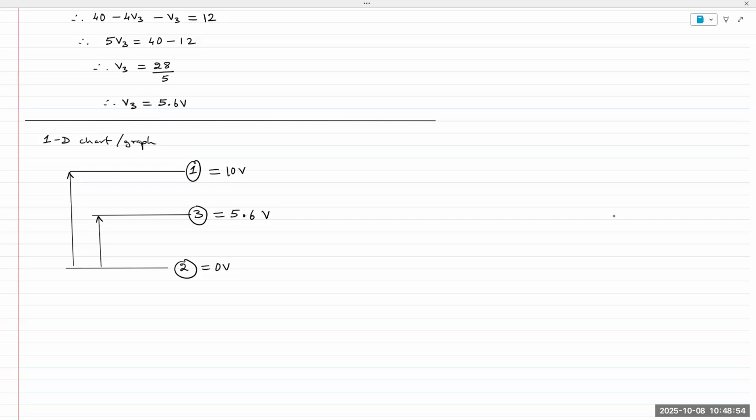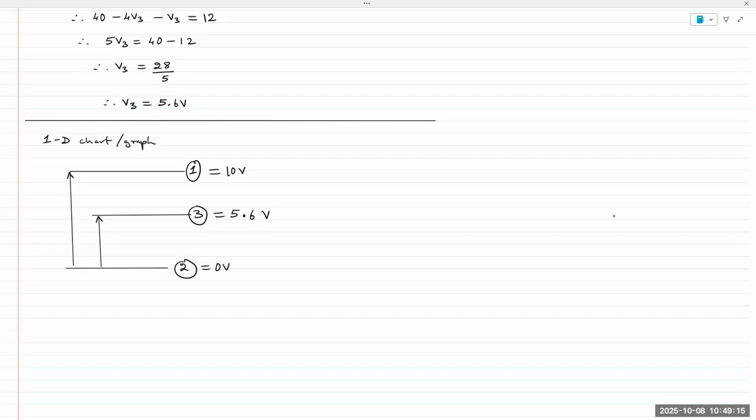So between 1 and 2, the distance is 10 volts. It remains 10 volts. Between 3 and 2, the distance is 5.6 volts. It is going to remain 5.6 volts. It doesn't matter what you choose as your reference point.